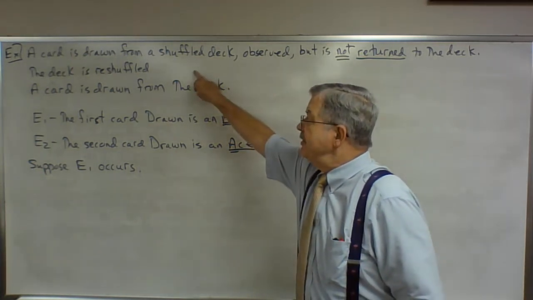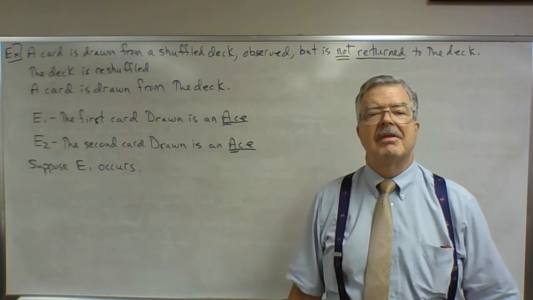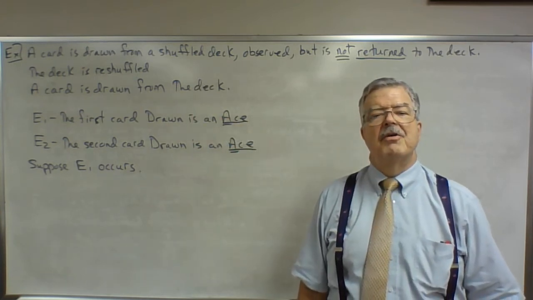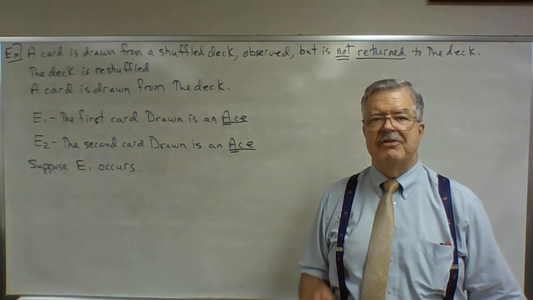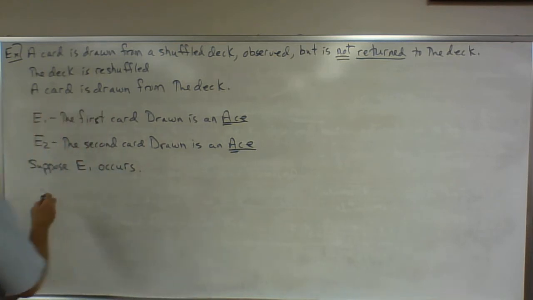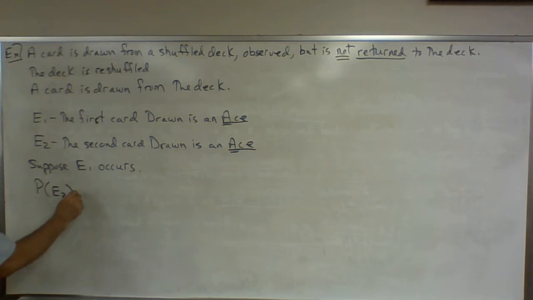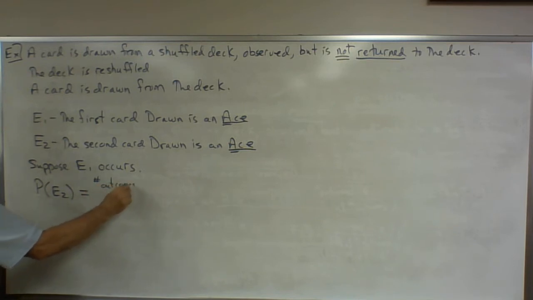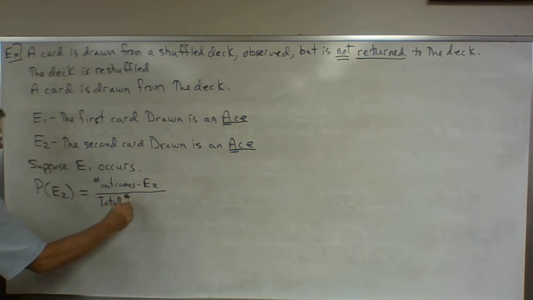We reshuffle the deck, and from the remaining cards of the deck, we select a second card. What's the probability that E2 occurs? Well, we take the number of outcomes that result in E2, an ace on the second draw, over the total number of outcomes.